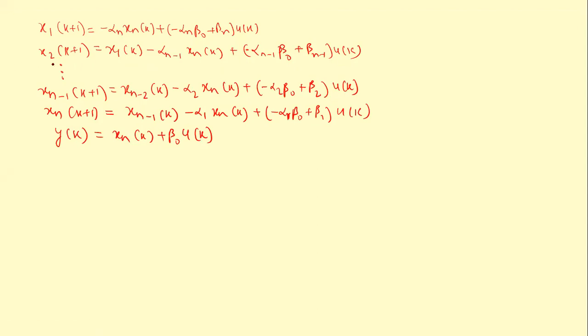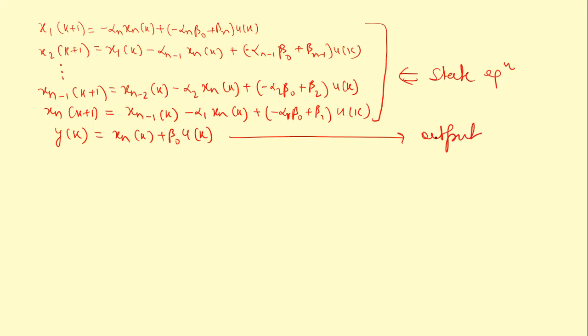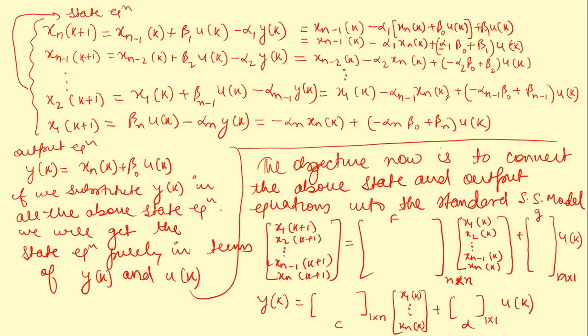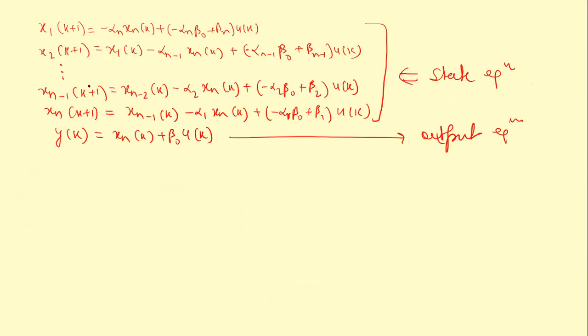So we have rewritten all these state equations once again, and this is the output equation, right? So we have written all these equations once again, and you can see earlier it was from xnk plus 1 to x1k plus 1. We have simply rearranged these equations and written from x1k plus 1 to xnk plus 1, right?